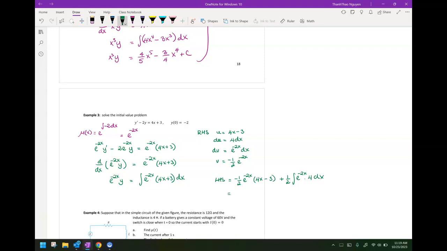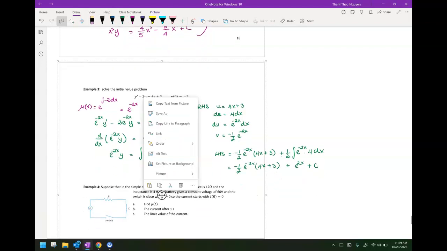This becomes negative 1/2 e to the negative 2x times 4x minus 3, plus 3, plus e to the negative 2x plus c.